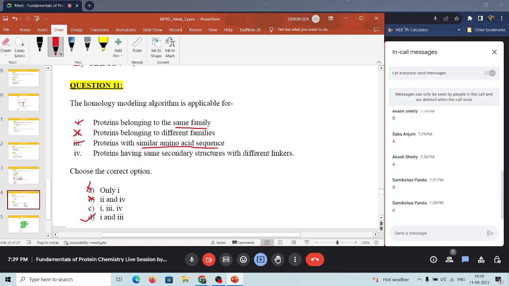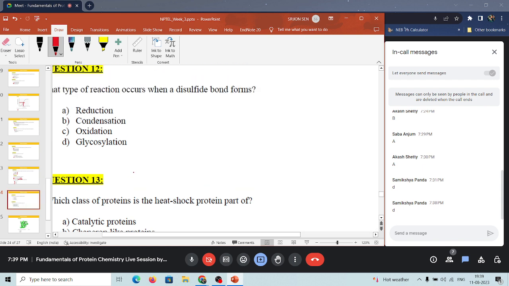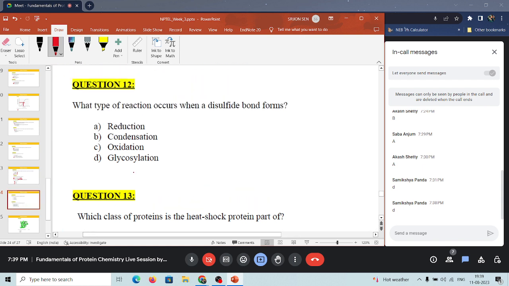Good. The next question. What type of reaction occurs when a disulfide bond forms? What type of reaction is occurring when a disulfide bond is formed?